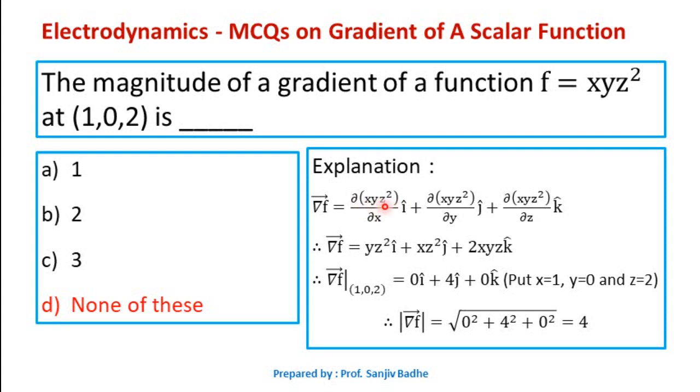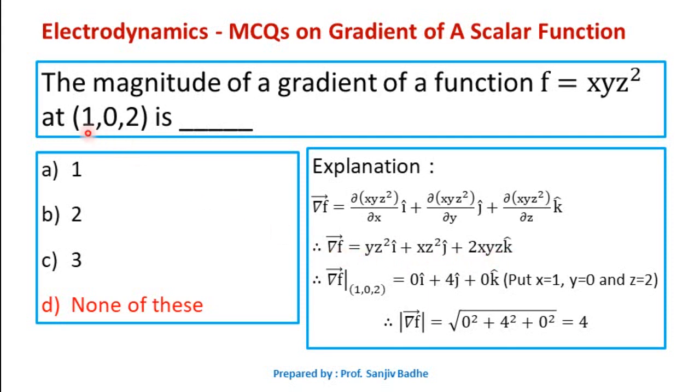So when we differentiate xyz square with respect to x, we will get yz square. When we differentiate xyz square with respect to y, we will get xz square, and when we differentiate xyz square with respect to z, then we will get 2xyz, and therefore gradient of this function f is obtained as yz square i cap plus xz square j cap plus 2xyz k cap.